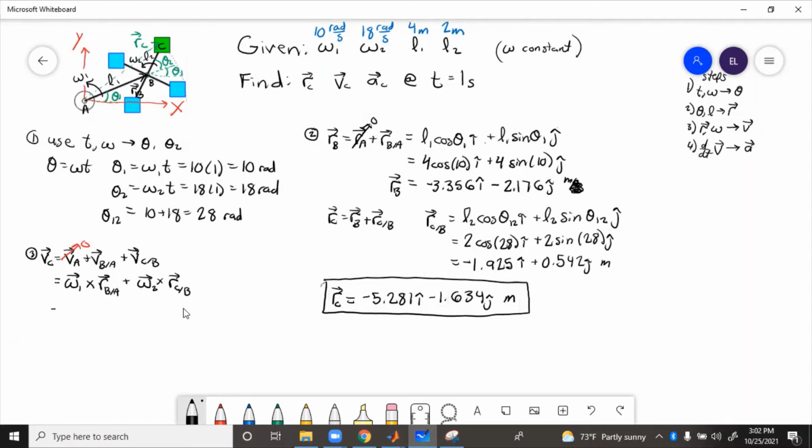Now let's do those cross products. Omega is going to be in the z direction, pointing out of the page. So we'll have i, j, k, 0, 0, omega 1, which is 10. And then for RB with respect to A, that's the same as RB from over here. Then we'll add to that cross product the second one.